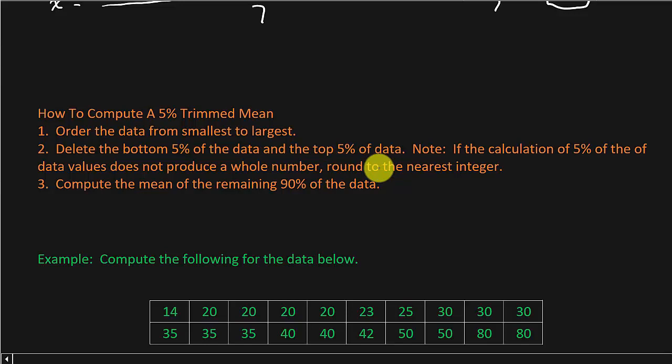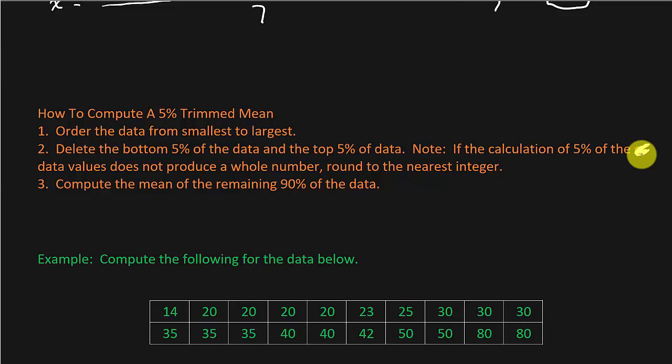Now, this procedure would be the same if it was a 10% trimmed mean, but they're just asking us to do a 5% trimmed mean. Note, if the calculation of 5% of the data values does not produce a whole number, round to the nearest integer.